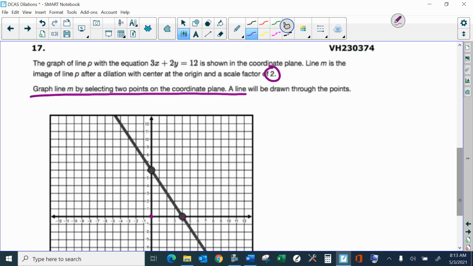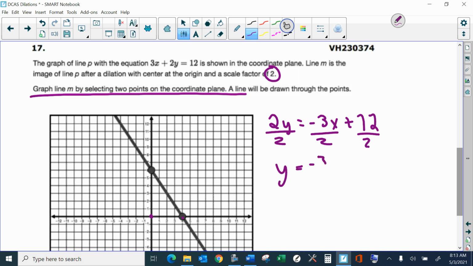So we want to go ahead and solve that for y. So you got 2y equals -3x plus 12. And divide each term by 2. So you have y equals -3/2 x plus 6. Scale factor of 2. Remember, the slope does not change. And all we do is double the y-intercept because it's a scale factor of 2.